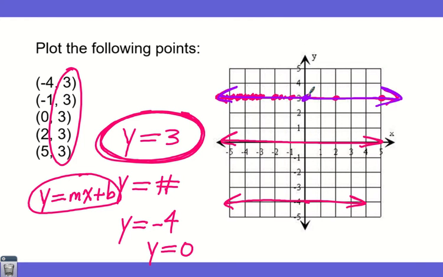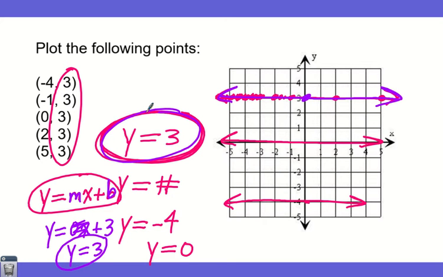Yeah, 3. So the b value is 3. What's the m value? What's the slope of a horizontal line? That's right, it's 0. So in a way, you could write this as y equals 0x plus 3, where the 0x is just kind of gone. Do you see how it fits that it ends up just being y equals 3?